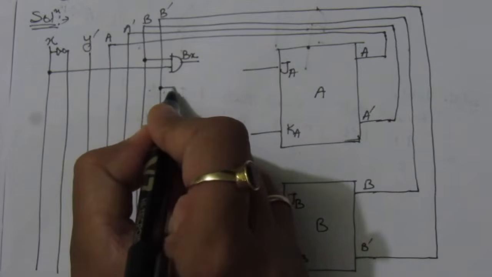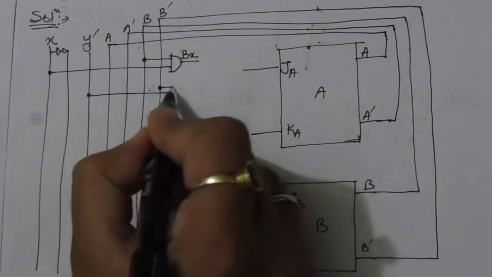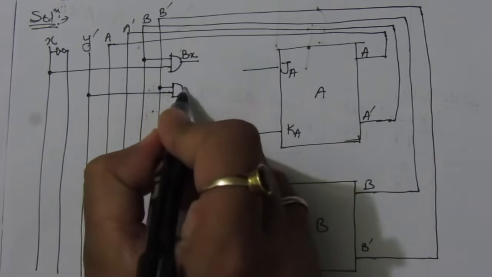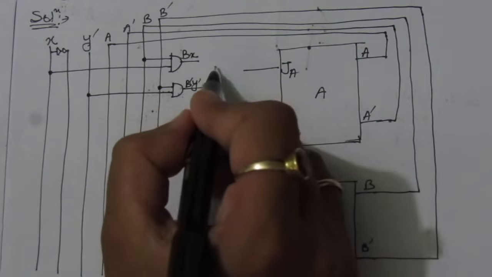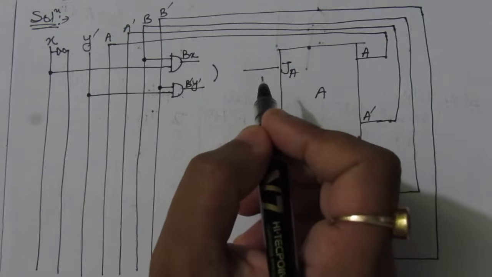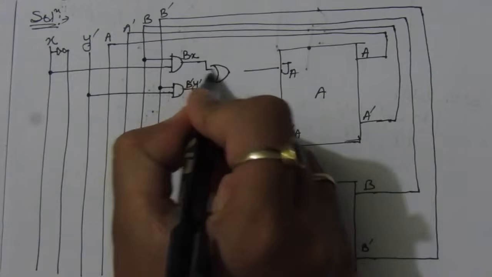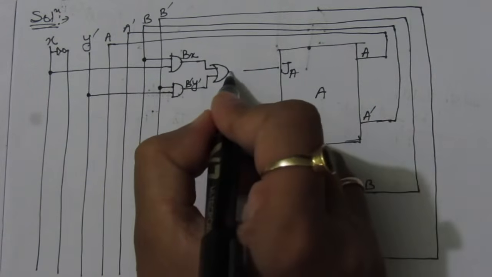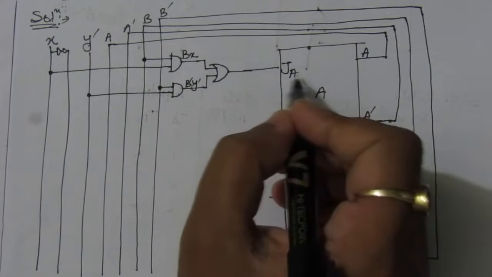Take a line from B bar and Y bar, use an AND gate, and here we'll get B bar Y bar. Then we have to add these two because the JA expression is Bx plus B bar Y bar. So use an OR gate with these two inputs. Here we'll get the JA expression. So we have found the JA input.